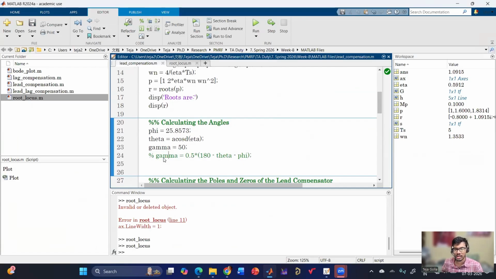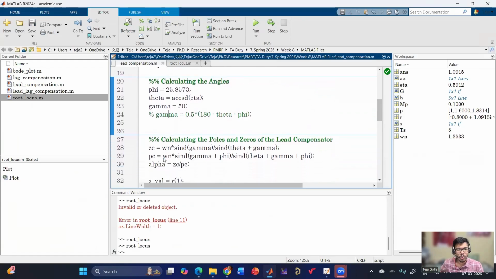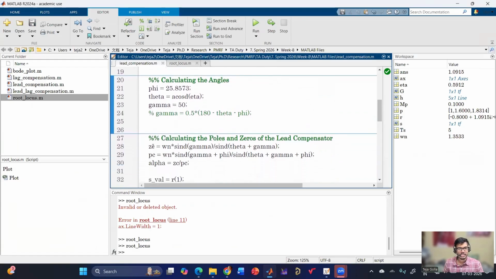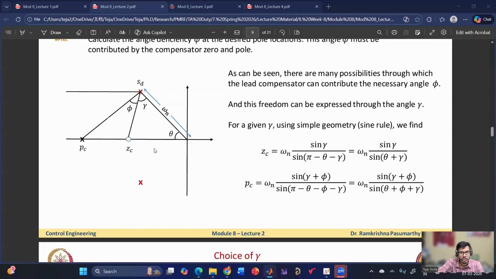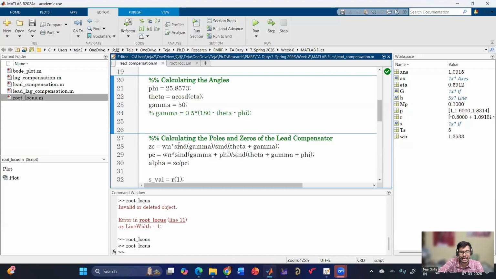But say I have chosen gamma to be 50. Then how do I calculate ZC as well as PC? So my ZC is omega n into sine gamma by sine theta plus gamma, and they're in degrees. So I have to use sind. So it will be omega n into sind gamma by sind theta plus gamma, and PC is omega n into sind gamma plus phi by sind theta plus gamma plus phi.